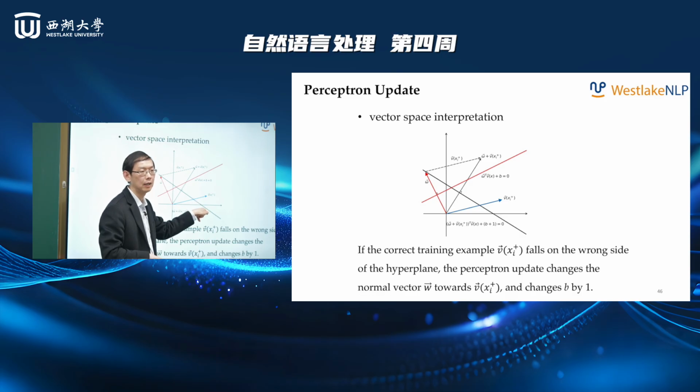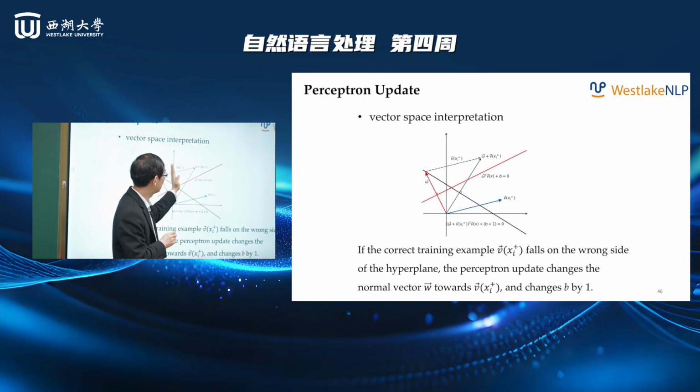If the positive one is predicted as negative, then you add this vector to your model parameter. The normal vector is your original model parameter, and you add this vector to it. Basically, you tilt the hyperplane this way. There's more chance for the example to be above the hyperplane now.